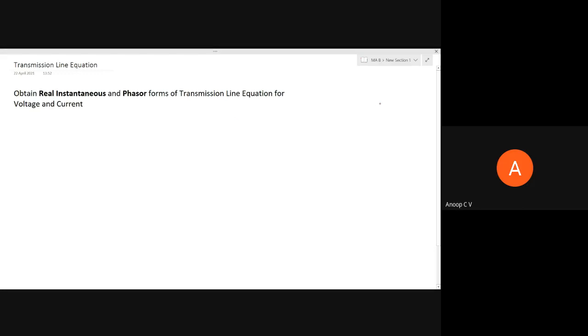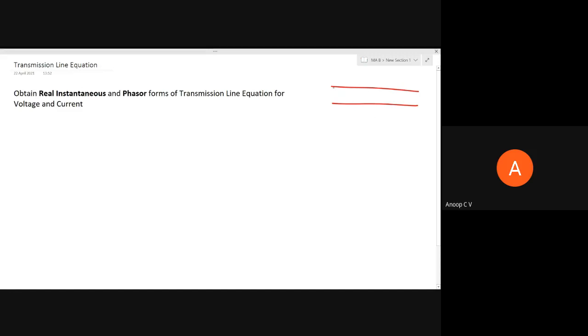In between these two wires, we assume there is a dielectric. If it is a lossless transmission line, the dielectric has to be a perfect dielectric, and the conducting wires have to be perfect conductors. Otherwise, we'll call it a lossy dielectric.